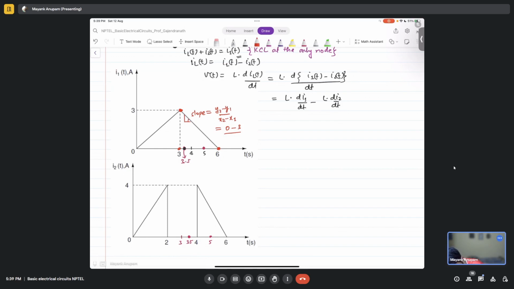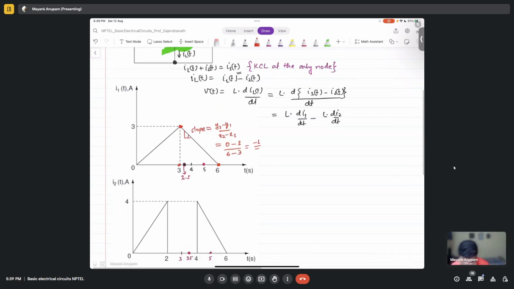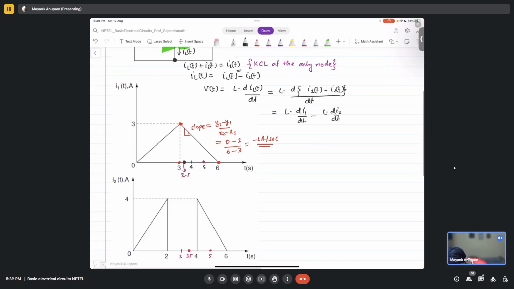What is x at 6? It is 6 minus 3, that is 3. So it is minus 1. What is the unit here? Amps per second. Yes. Always pay attention to units. Always make it a habit. This way you'll make fewer mistakes. Okay, so this is fine.